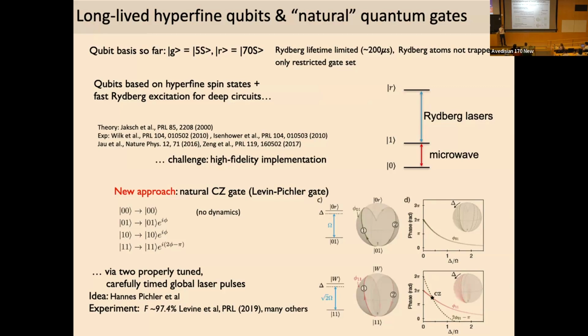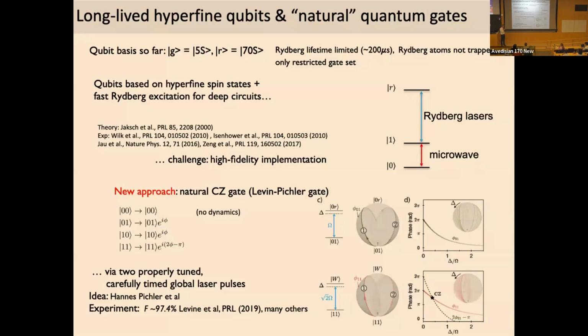and excite the atoms into a Rydberg state in such a way that you come back to the desired storage states, but come back with the right type of phases. The idea here is the following.